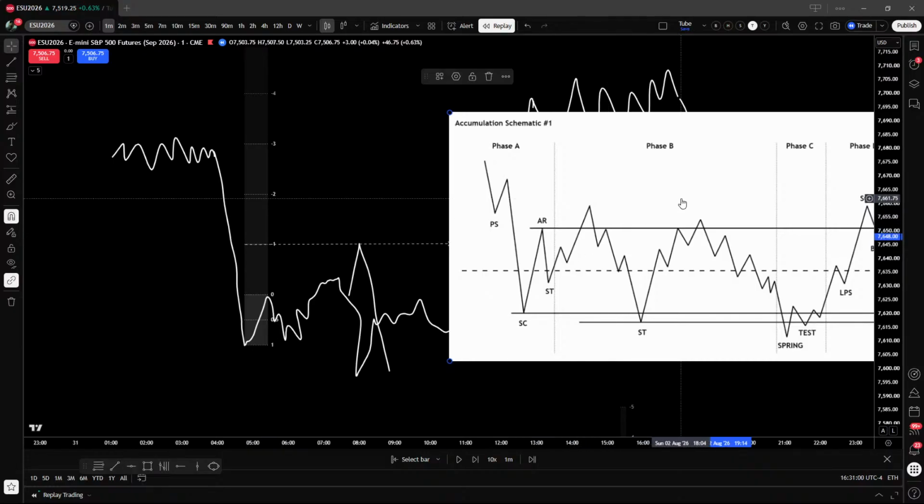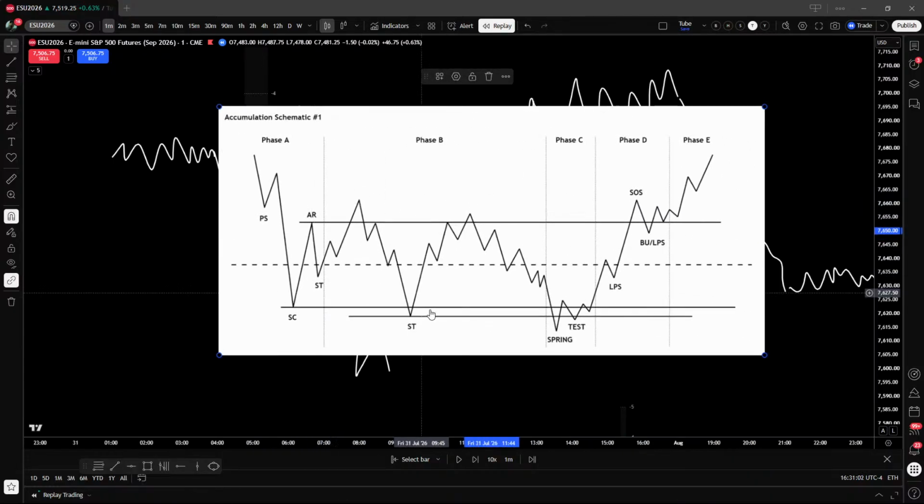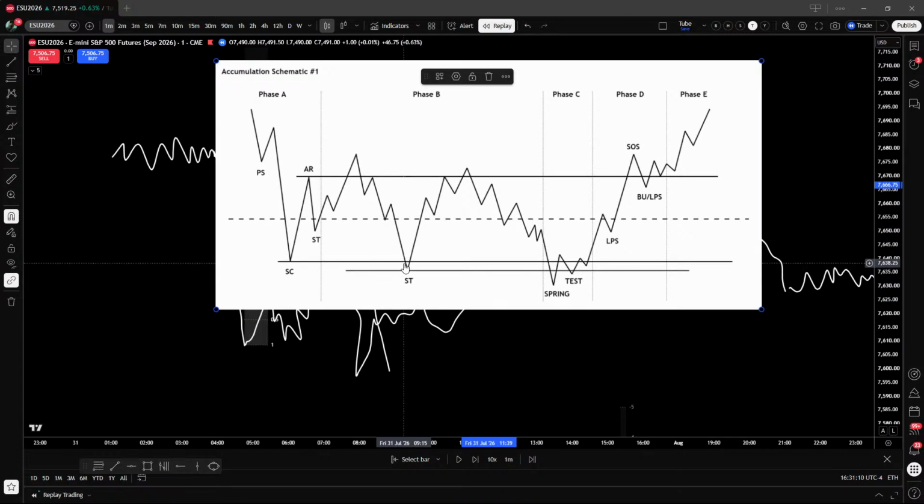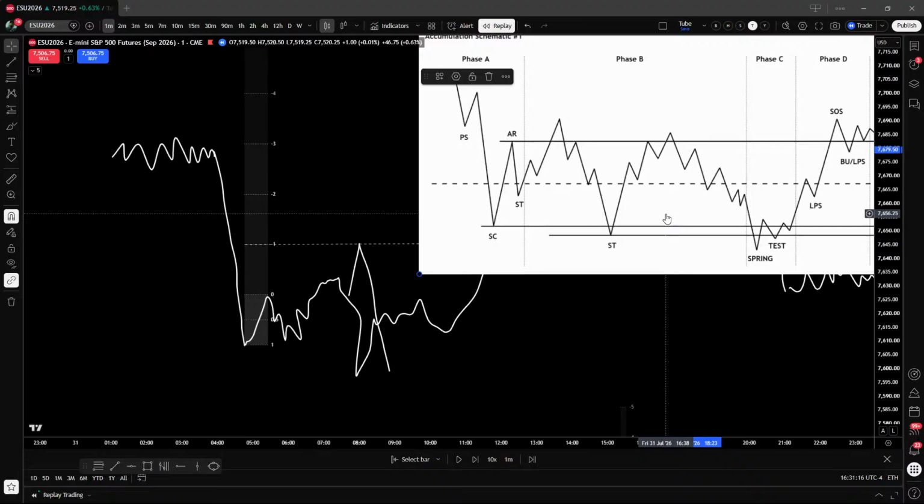Again, this is only a schematic. There will be a sweep. Here, the sweep looks very small, even this one. In reality, most likely, especially compared to this first swing here, the sweeps will look a lot deeper than this here, obviously, and this one.